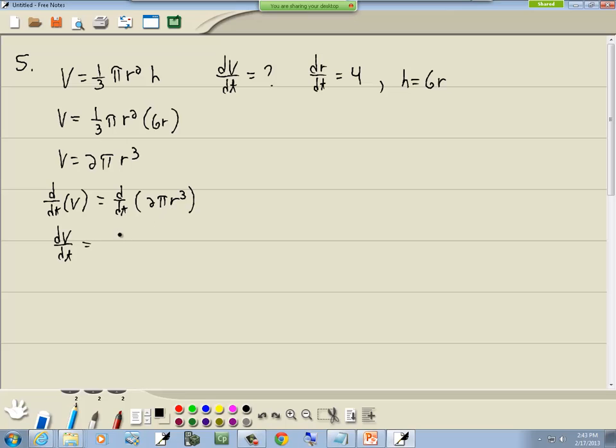Over on this side, 2 and pi are both constants, so those just come out in front. The derivative of r to the third is 3r squared. Take the derivative like normal, but since we're taking the derivative with respect to t and it's really an r, we have to put on dr dt. 2 times 3 is 6, so we got 6 pi r squared, and dr dt we were told was 4, which gives us 24 pi r squared.